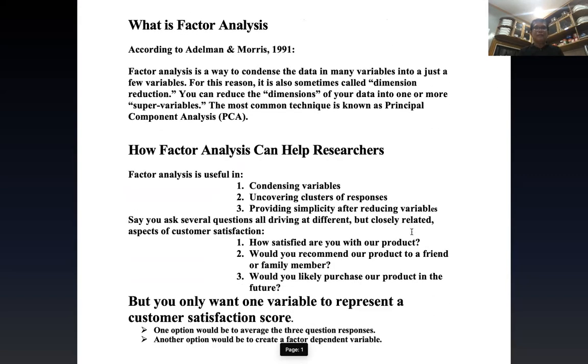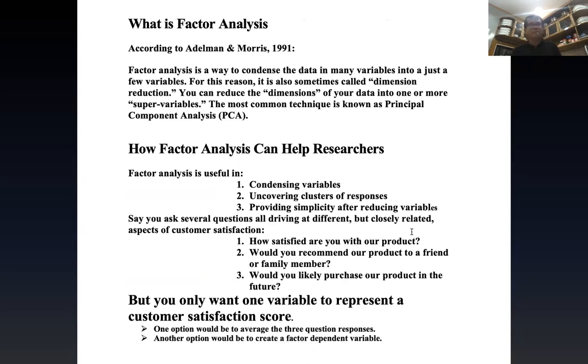How can factor analysis help researchers? Factor analysis is useful in, number 1, condensing variables. There are many variables at the very beginning, and the purpose of the researcher is to reduce those many variables into fewer variables. Number 2, uncovering clusters of responses.